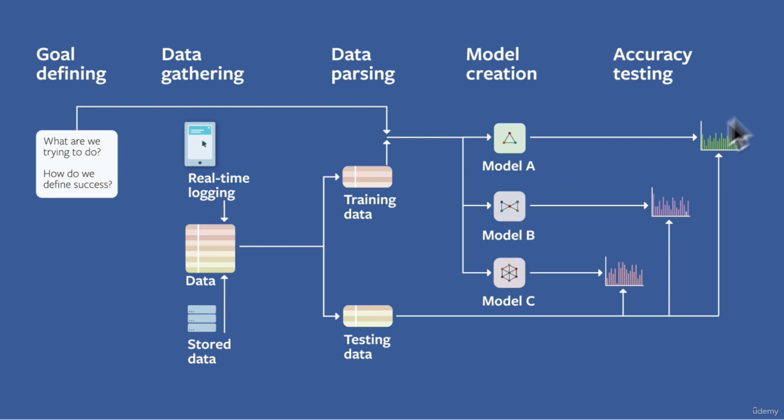And then we finally test our data, see how accurate it is based on our testing data. And then we just go back and try different things until our model or our function is in line with what we defined as our goal. Isn't that cool? You just learned how Facebook's machine learning structure works.